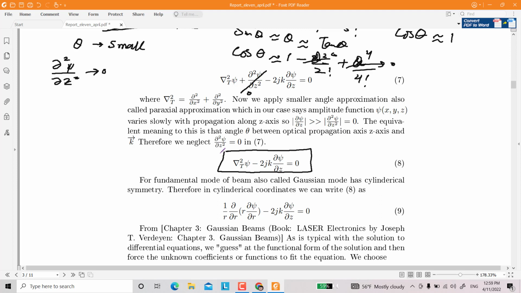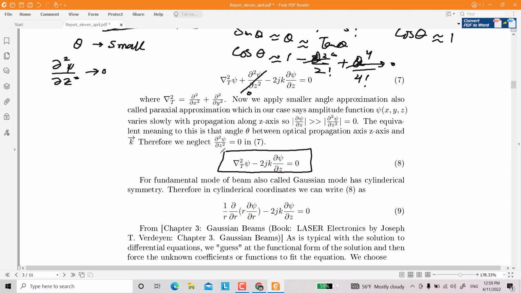And now we impose a geometrical consideration: we are dealing with cylindrical symmetry. The beam possesses cylindrical symmetry. So we can transform this Laplacian operator, the transverse Laplacian operator, into the form of the radial part, or you can say cylindrical coordinates. So equation 8 turns into equation number 9. I have not given the thorough derivation of this Laplacian in cylindrical coordinates.